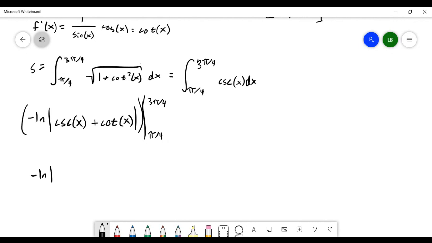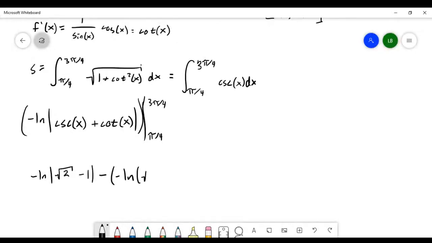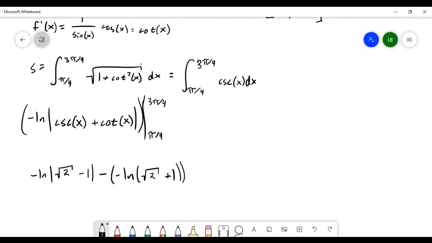Sine of 3 pi over 4 is 1 over root 2, so cosecant is root 2. Cotangent of 3 pi over 4 is actually negative 1. And then we would have to subtract, again, cosecant of pi over 4 is square root of 2, and cotangent of pi over 4 is plus 1.